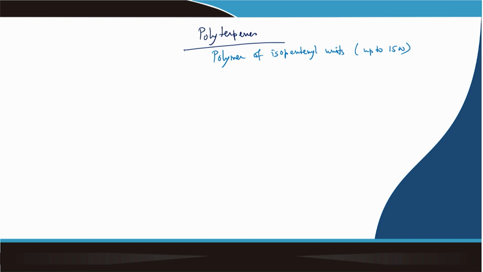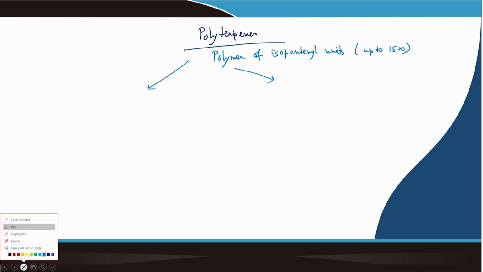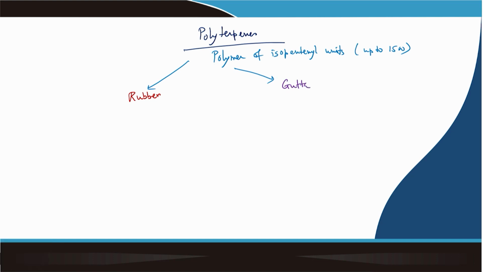Good examples of polyterpenes are rubber, and another one called gutta. Both are polyterpenes, polymers of isopentenyl units.